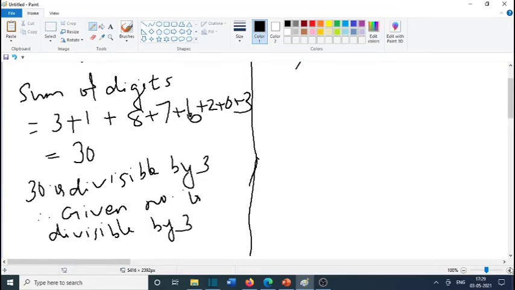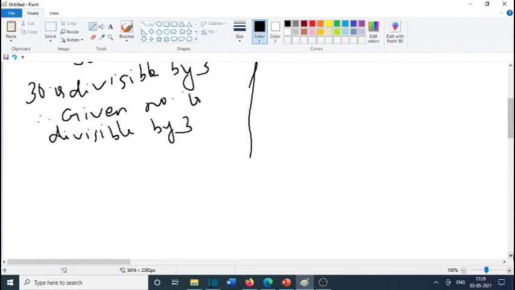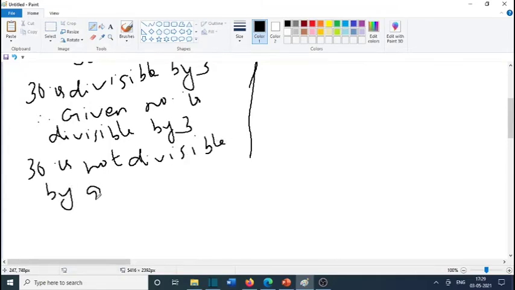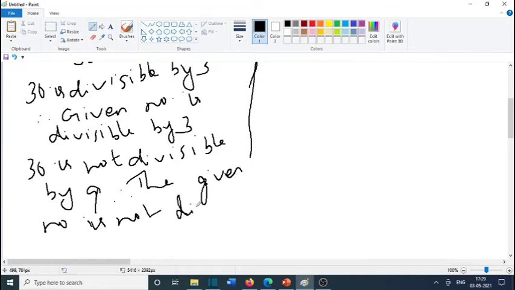Now 30 is not divisible by 9. Therefore, the given number is not divisible by 9.